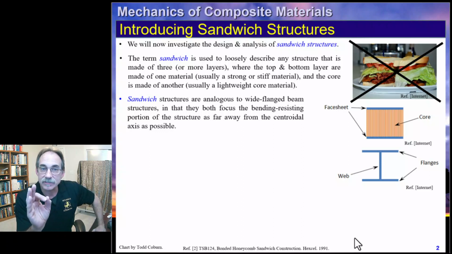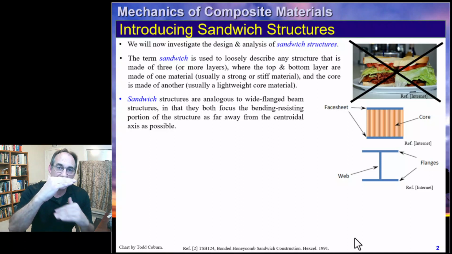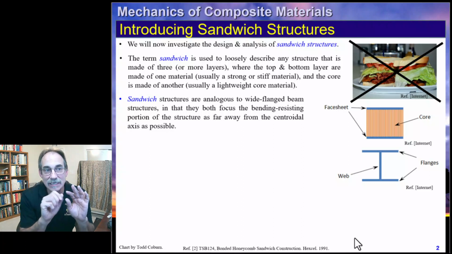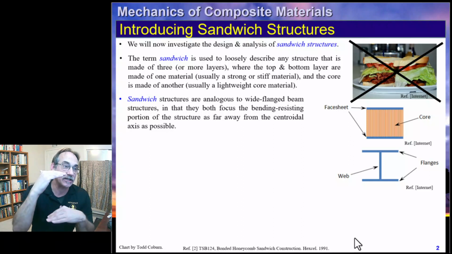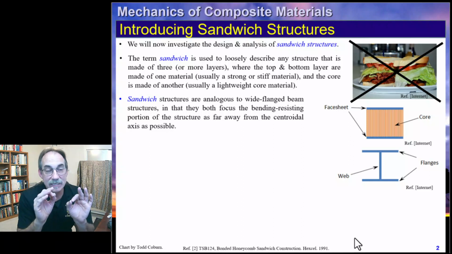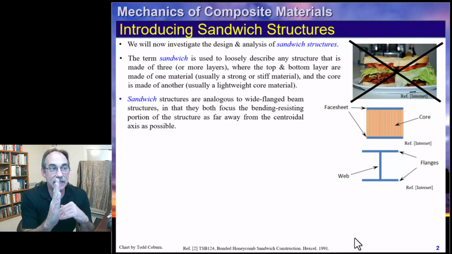Now the trick here is we still have to have attachment between the two face sheets. It's called shear continuity, because everything in between, while it doesn't need a lot of axial stiffness, needs enough shear stiffness and strength so that these two face sheets act as one. The way we did that previously was typically using an I-beam, where we push those face sheets away with a really thin web.